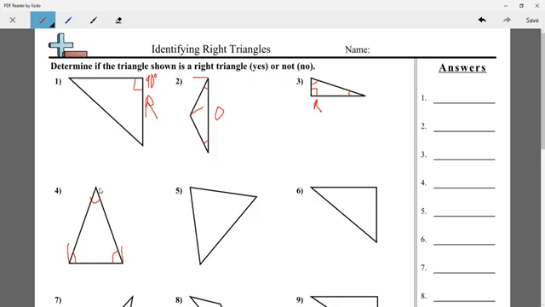And if I were to try to make a right angle with this line, it would be somewhere around, I don't know. I apologize for my inaccuracies, but this angle is clearly an acute angle. It's smaller or thinner than a 90-degree angle. So this is an acute triangle. Okay?